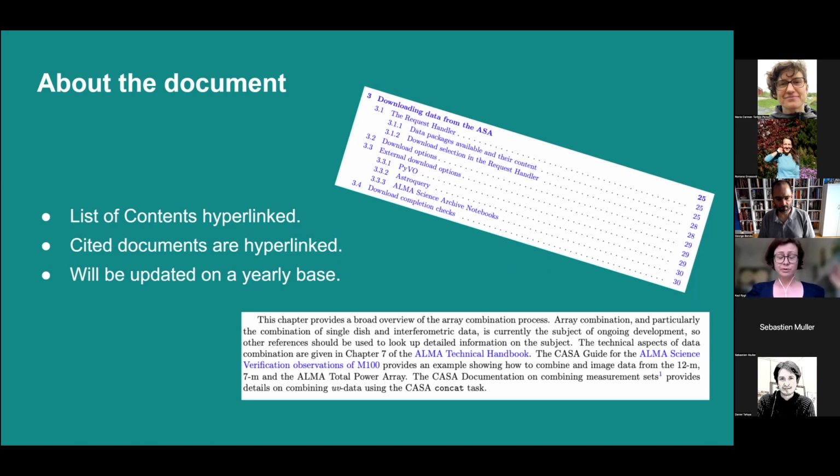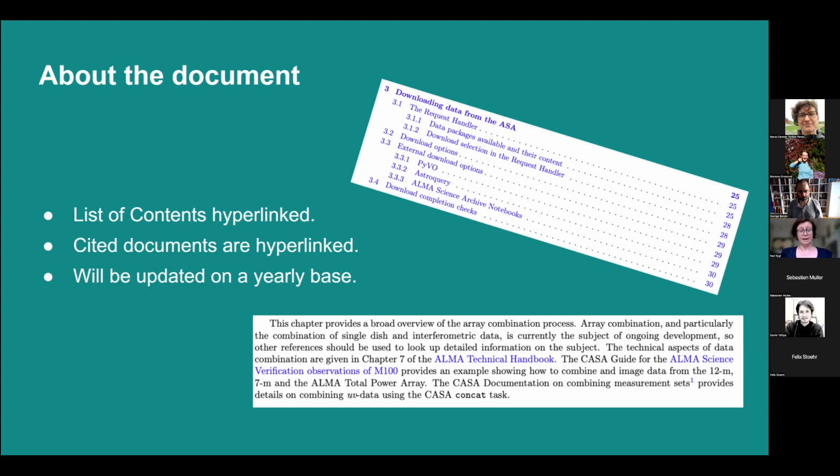You can click whatever you're interested in, and you are directly brought to the relevant section. All the cited documents are also hyperlinked, so you can directly go to these for more detailed information. And this document will be updated on a yearly basis to be always relevant, always up to date.